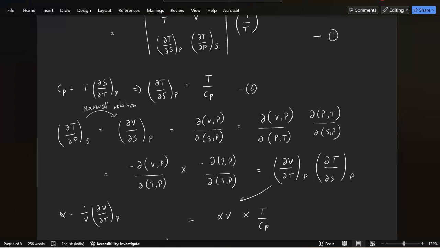Then here it is PT, and I'm making it TP, so I have to put a minus here. Then here again it is PT, I'm making it TP, so I have to put a minus there as well. That's why all these transformations. All right.